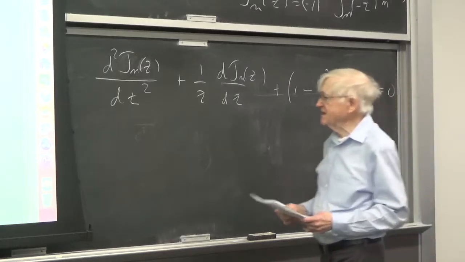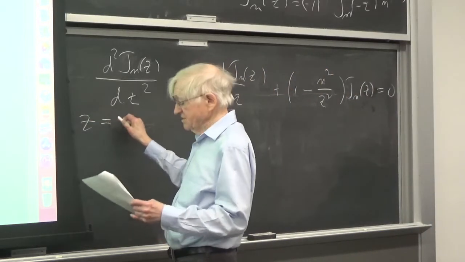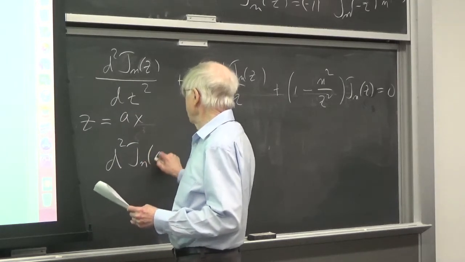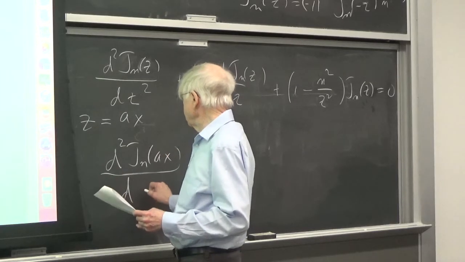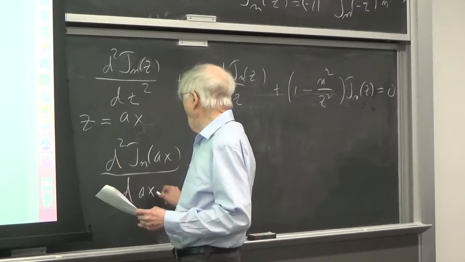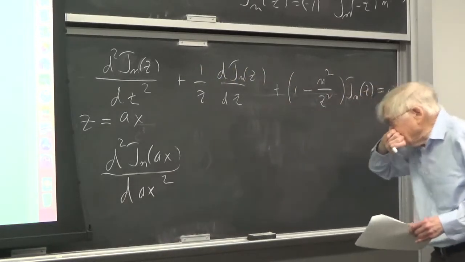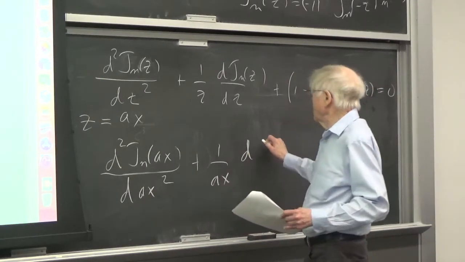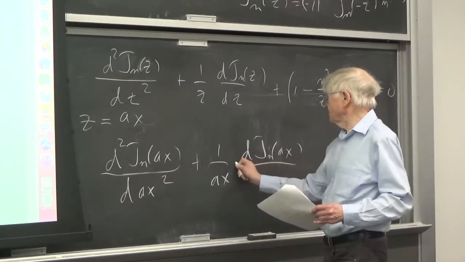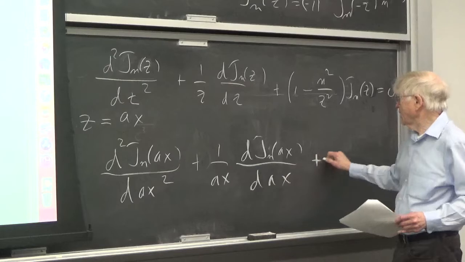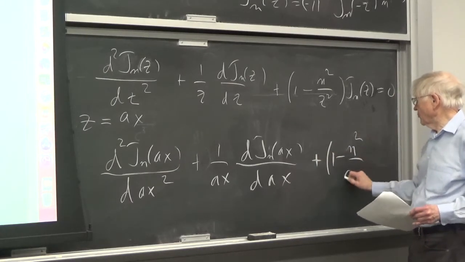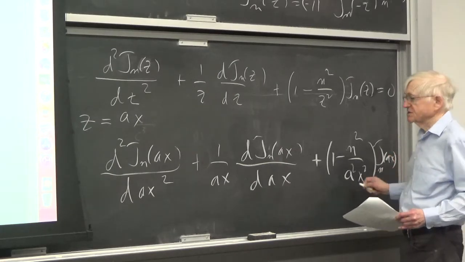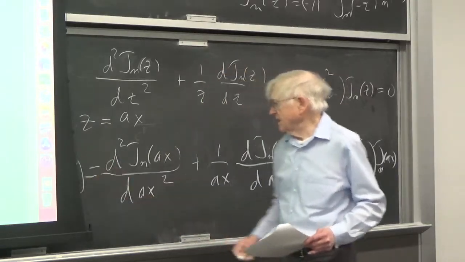Now if we replace z, we set z equal to, let us say, ax, and this is d2 Jn of ax dax squared plus 1 over ax dJn of ax dax plus 1 minus n squared over a squared x squared Jn of ax equals 0.